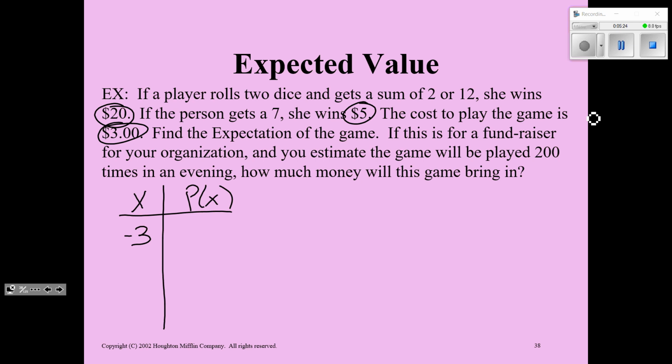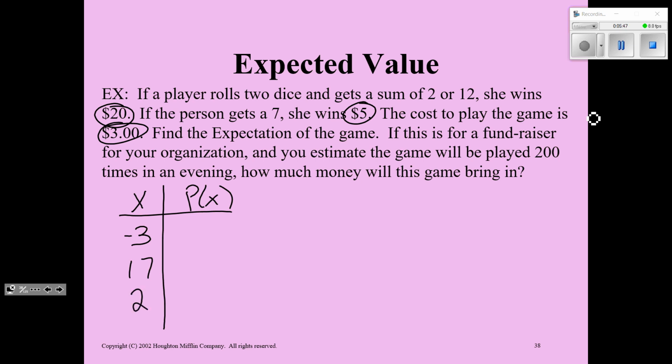Or they give you 20 and so you actually only increase 17? We can do it either way. I try to be very clear on tests and quizzes about this stuff because sometimes it's not clear, and I'll explain more as we keep going today. The other outcome is you can win 5, which would be winning 2 because you pay 3.